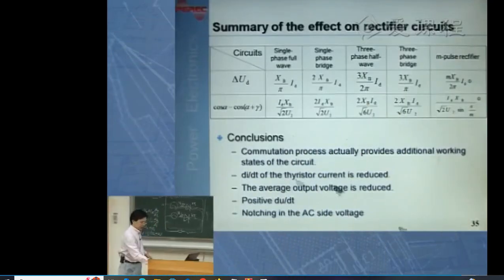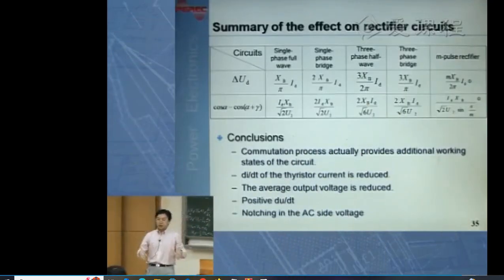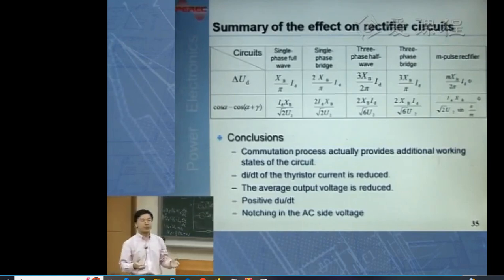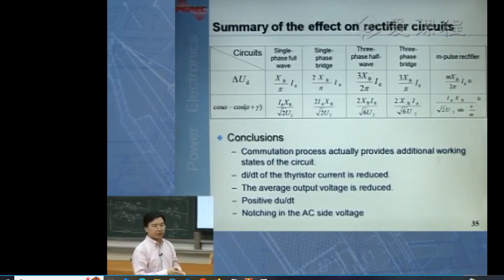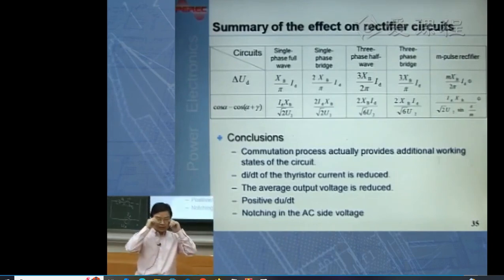There is a summary. Actually, we took a three-phase half-wave circuit as an example. But you can do this for all the different power converters, all different rectifier circuits.